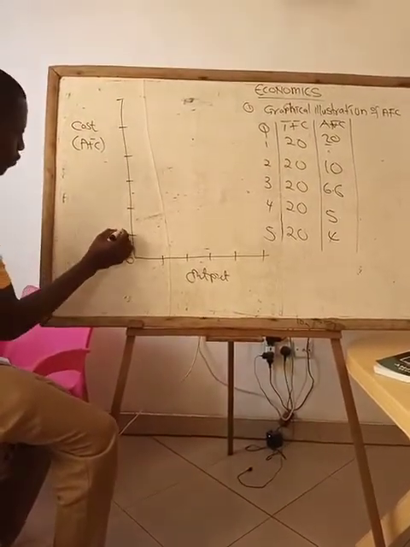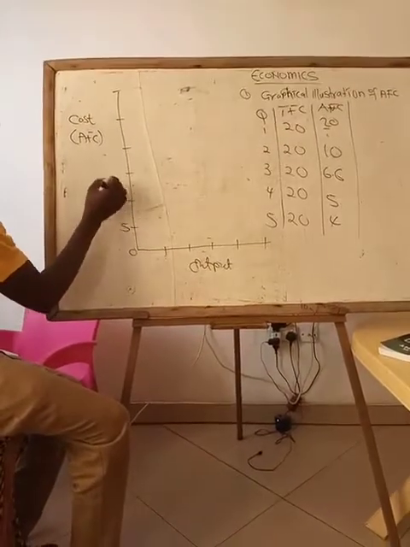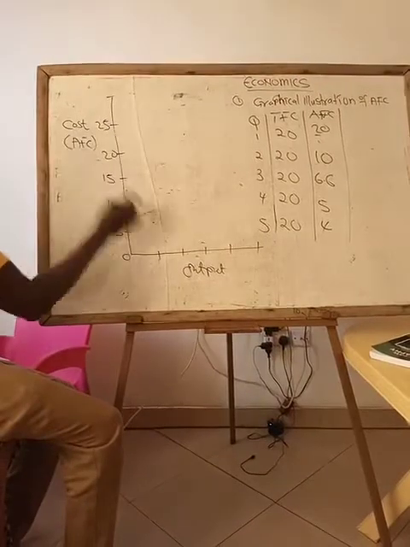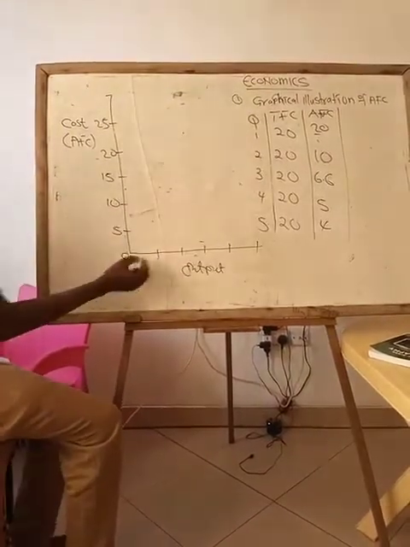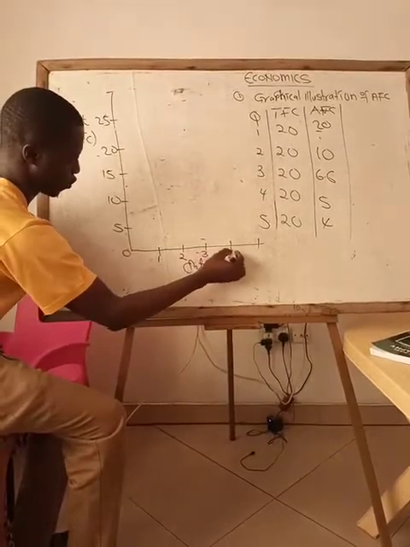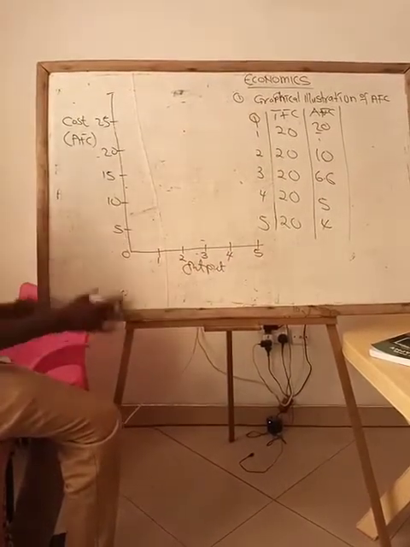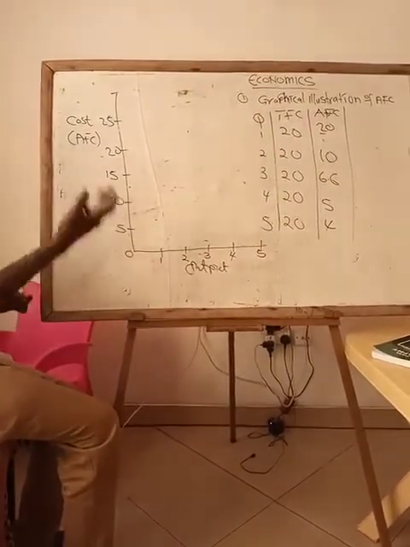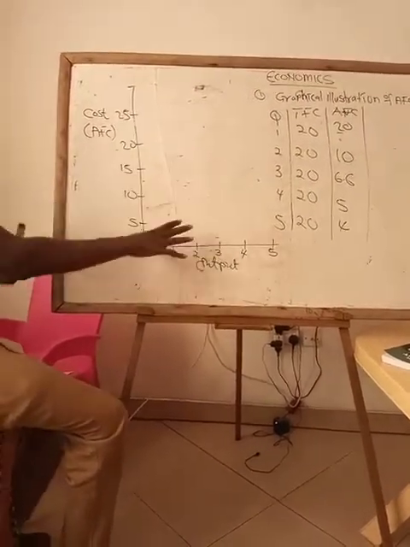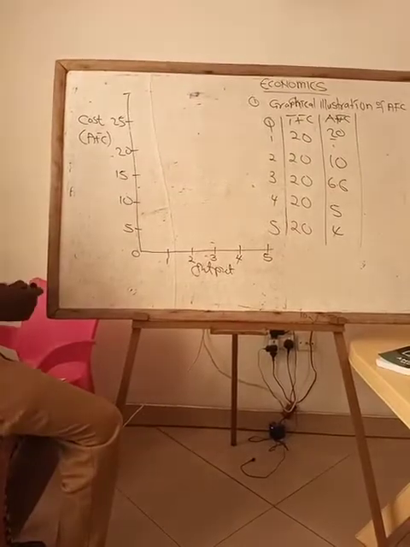So that this place will be 5, 10, 15, 20, 25. And the output, we have 1 up to 5. So 1 is here, 2 is here, 3 is here, 4 is here, 5 is here. I know you know this. We have done this severally, especially under tools of economic analysis. So I expect you to be familiar with all these graph words.